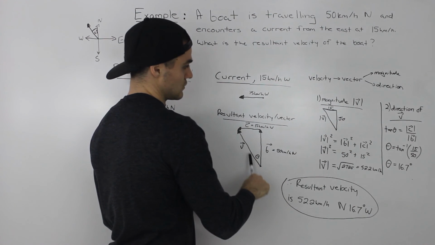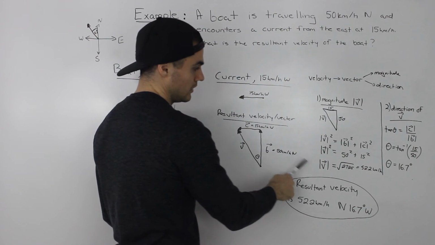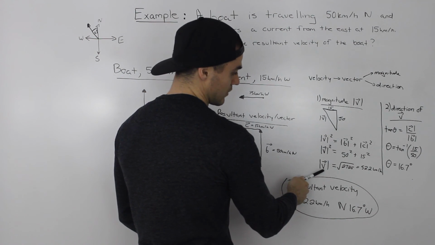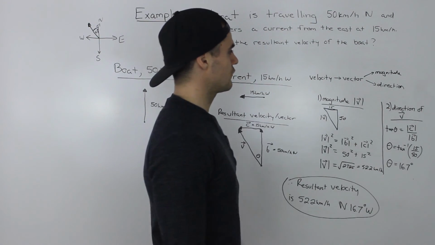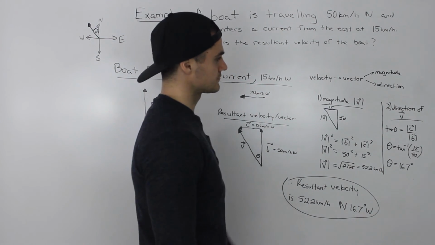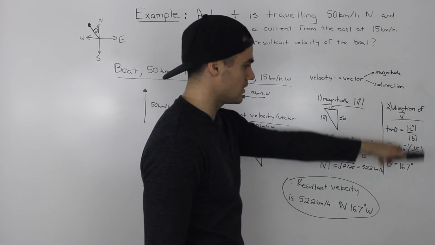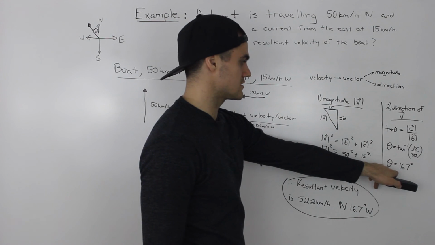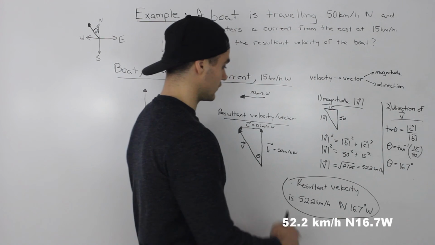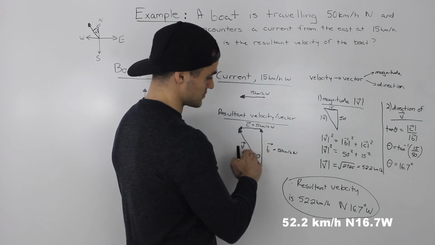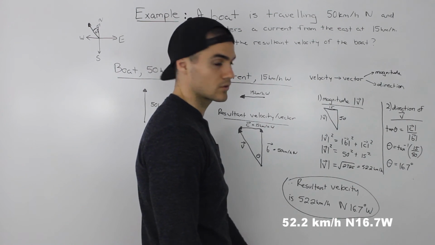To find the magnitude of V, we applied Pythagoras' theorem with the magnitudes of the current and the boat, and got 52.2 kilometers per hour. Then to solve for the direction of the vector V, we solved for this angle theta using the tan ratio, and inputting that into the calculator we got an angle of 16.7 degrees. So the resultant velocity of the boat is 52 kilometers per hour in a direction of north 16.7 degrees west.